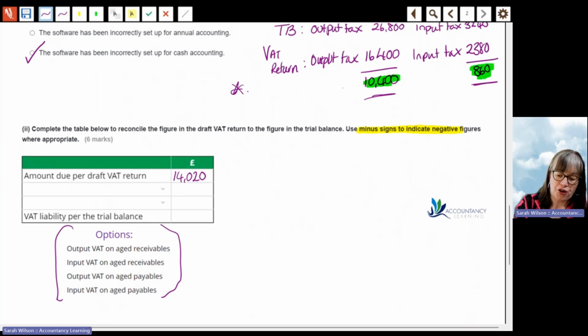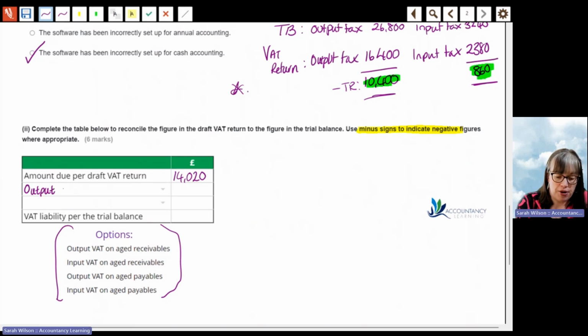So we need to deal with our trade receivables here. So that's going to be our output VAT on aged receivables. So remember, output is always related to receivables, input is always related to payables.